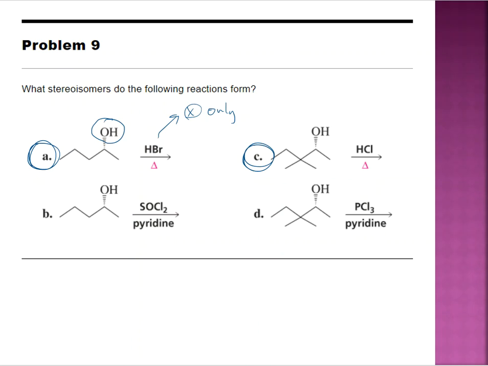If we look here on B and on D, it's going to give us some insight. We have alternate ways to target the OH group and get rid of it. We're going to talk about a couple of different variants that we can choose from in order to eliminate that OH group and replace it with something else.